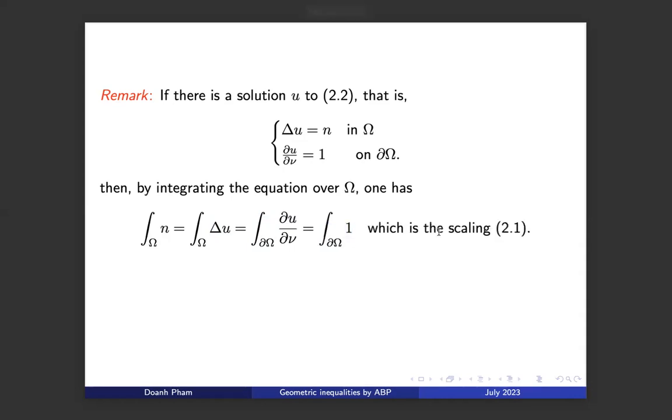And this is exactly the scaling, which means the scaling is a necessary condition for the existence of the solution U.